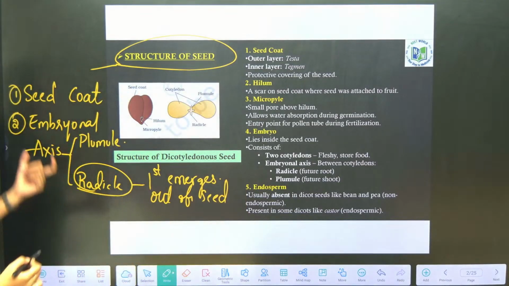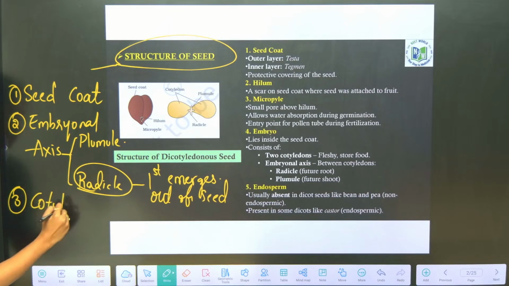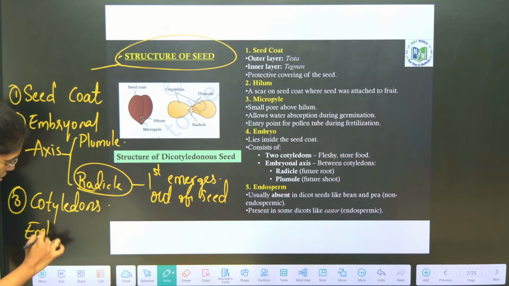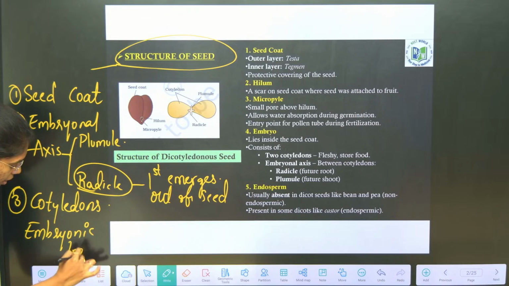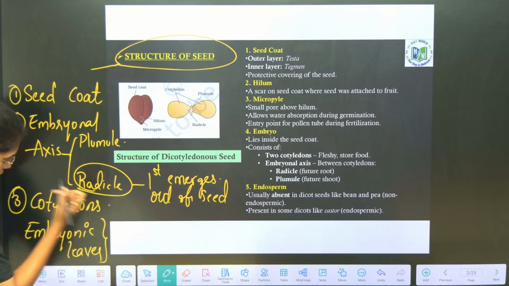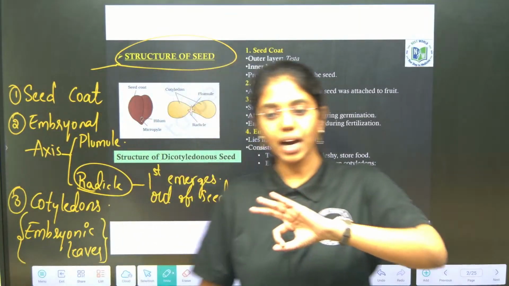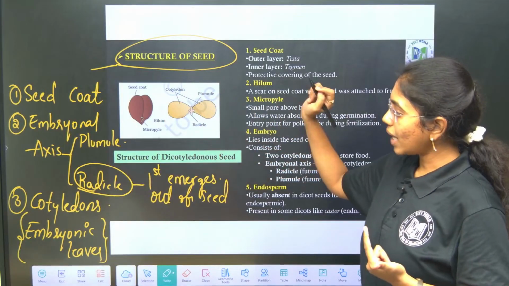And after embryonal axis, third is what? Cotyledons. Cotyledons are also called embryonic leaves. So seed consists of how many parts? 3 parts. First is seed coat, then embryonal axis.